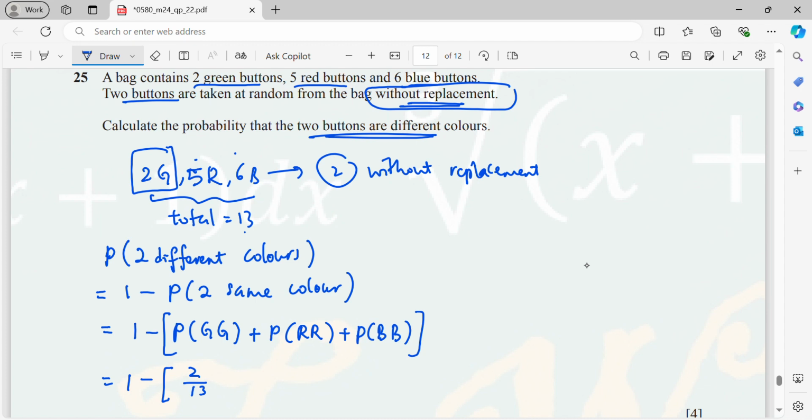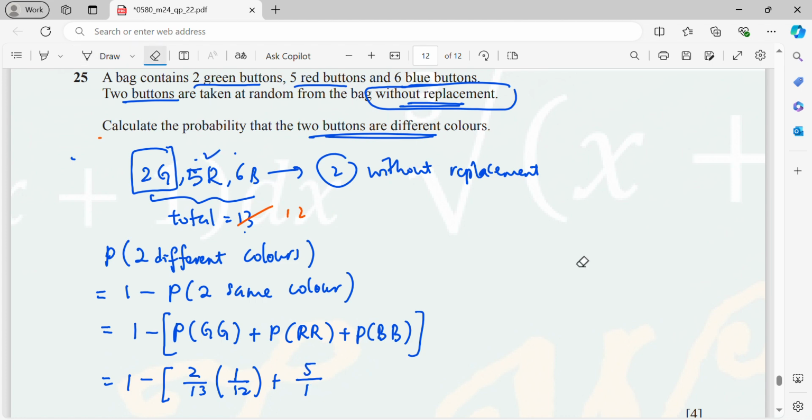So it means that the total now becomes 12. Okay, no more 13. The 12 will be the second draw. So now out of 12 buttons, the green color left 1 because just now you have taken 1. So left 1 button. Now, for the red color, at first you have 13 buttons, so initially there are 5 red.